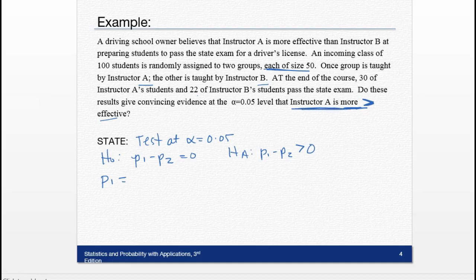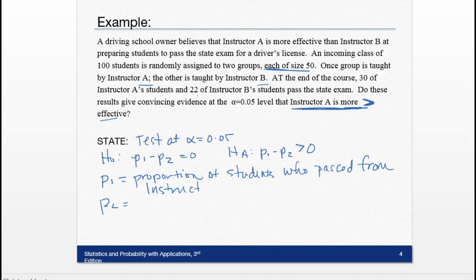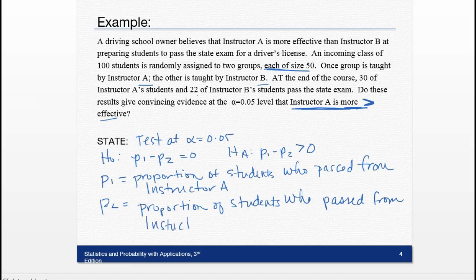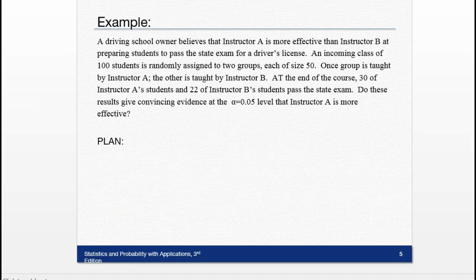So P1 would be greater, right? P1 is the proportion of students who passed from Instructor A. P2 is the proportion of students who pass from Instructor B.